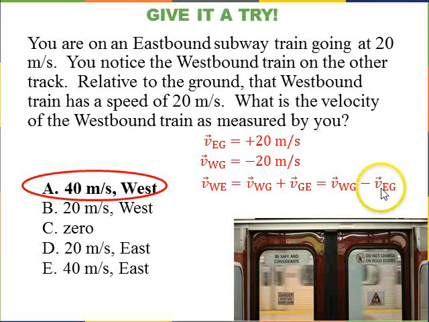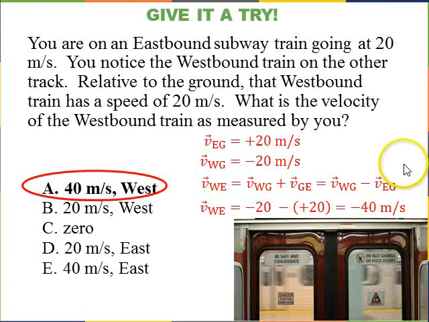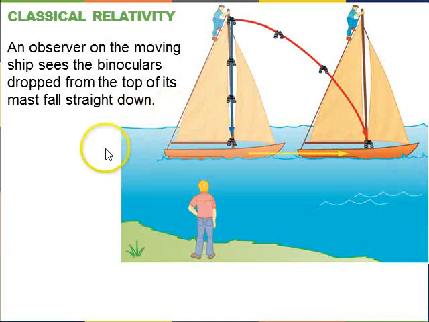So we're going to subtract v of eg. So now we know these. Velocity of the westbound train relative to the ground is negative 20. Then you subtract off the plus 20, and you get negative 40. So this is called classical relativity, when these velocities add linearly like this.